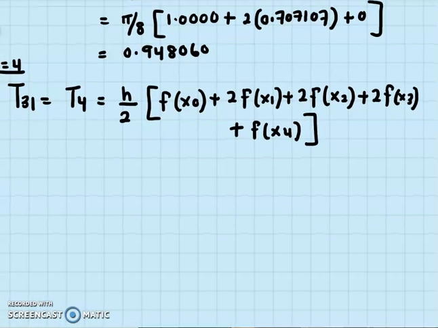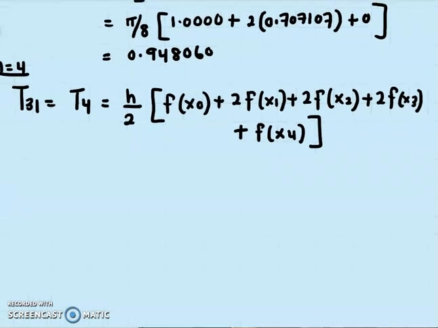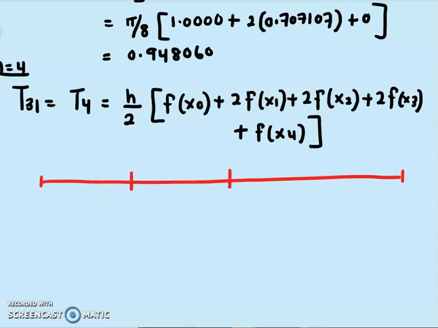Okay, so let's sketch the diagram for n equals 4, where I have 1, 2, 3, 4. So I have 0, pi over 8, pi over 4, 3 pi over 8, pi over 2.